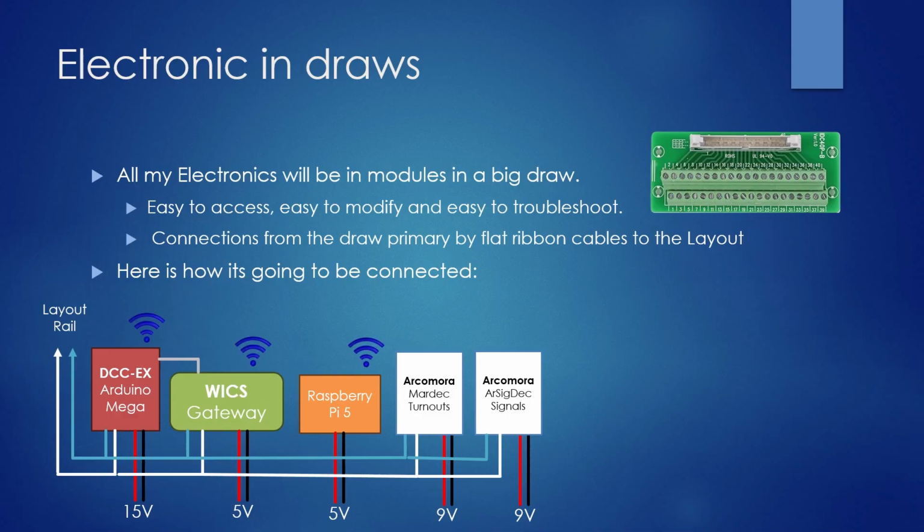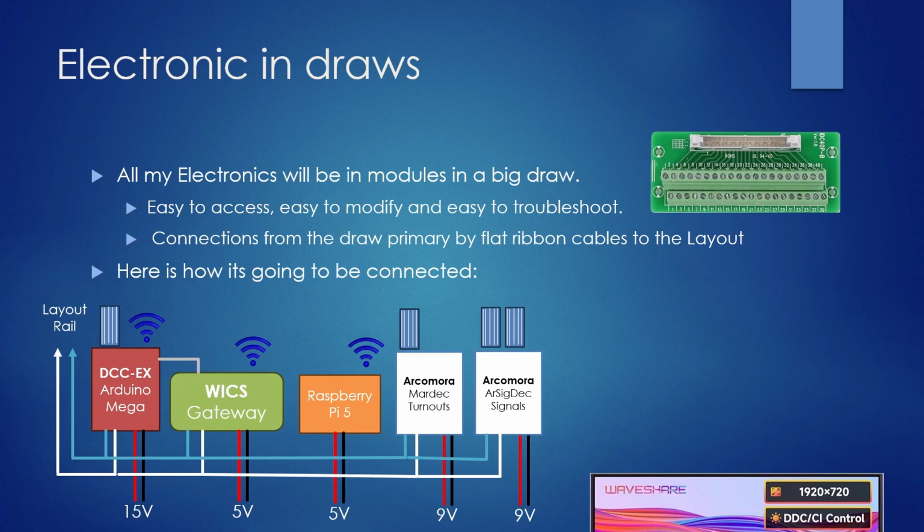The command station, WICS and Raspberry Pi all have Wi-Fi connections. The command station also has a flat wire from the IR sensors. And the two Arcomora have their flat wire connections to the layout to handle the turnouts and the train signals.